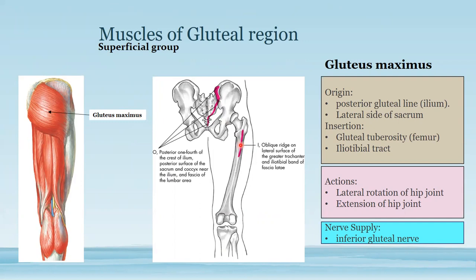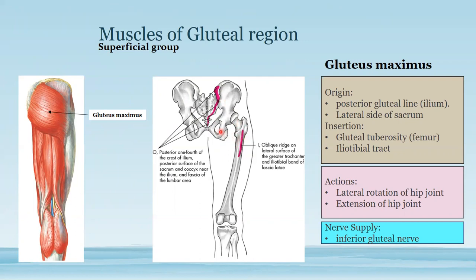So when you know the origin and insertion of a muscle, actually you know the action of that muscle. So for instance, in gluteus maximus, when it originates at this area, the contraction will produce a lateral rotation of the hip. So this is actually the posterior view. When the gluteus maximus contracts, it will produce lateral rotation. So imagine the gluteus maximus is attached here.